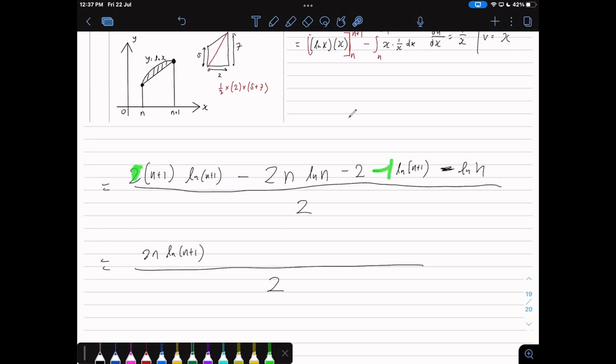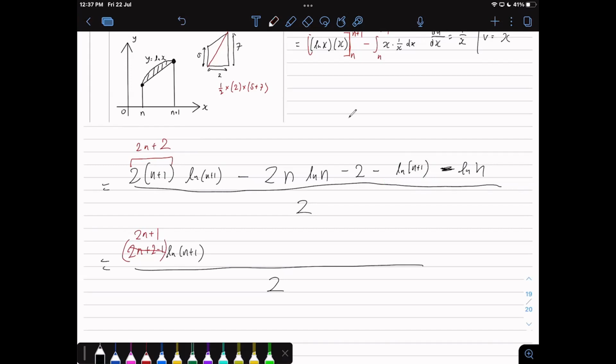But here there's a 2 with bracket, so it's actually 2n plus 2 minus 1, which still has a plus 1. You cannot just cancel off minus 1 with plus 1 like that, because this plus 1 is protected by the bracket, you need to times in. So it's 2n plus 2 times ln n plus 1 minus ln n plus 1. Factor out, then you get 2n plus 2 minus 1. So the correction here should be 2n plus 2 minus 1, or just 2n plus 1.